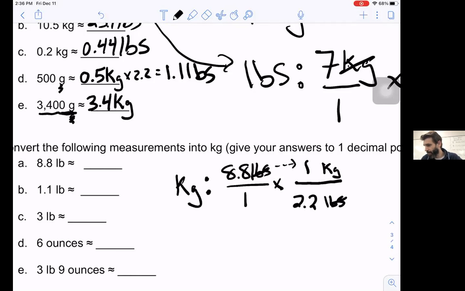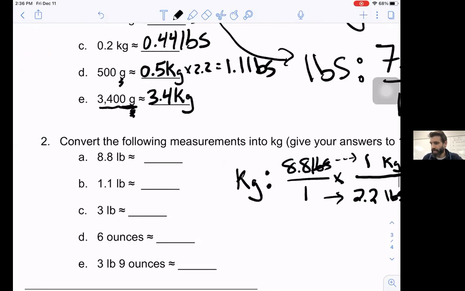You can multiply across, and this ends up being 8.8 divided by 2.2. So this gets us 4 kilograms.